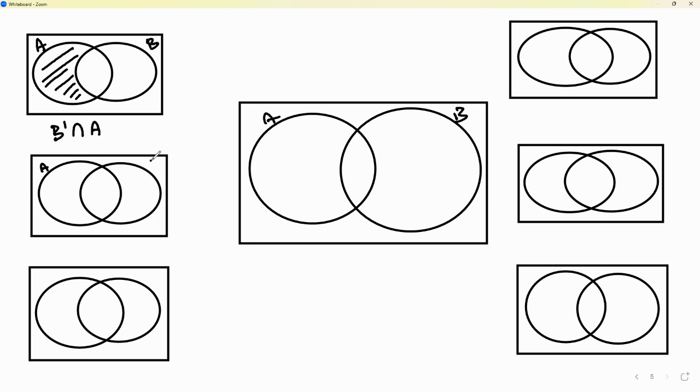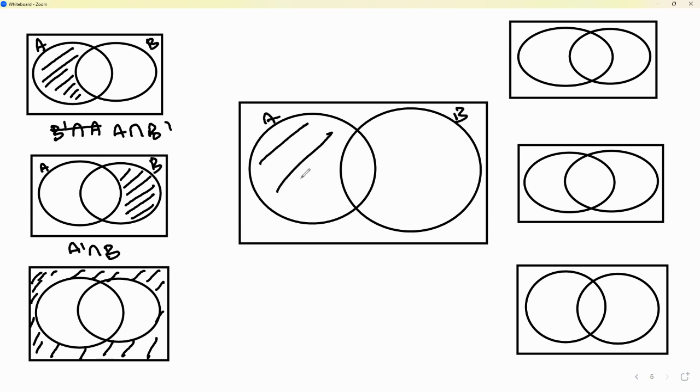Then we look at this region over here, which would be, and this you can write the other way, A and not B. This one is not A and B, right? Then we look at the region around the Venn diagram.